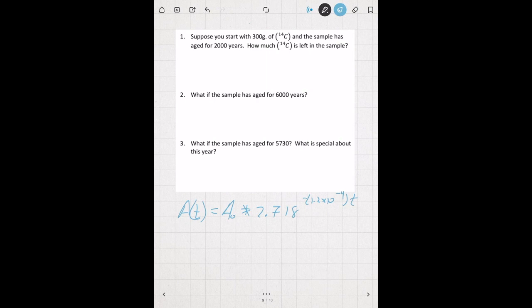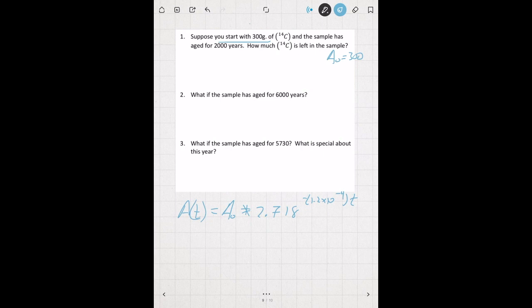So let's take a look at how we might be able to use this function to solve for radiocarbon in a couple different examples. In this case, suppose you start with 300 grams of radiocarbon. That's our initial amount, the A sub 0. So A sub 0 here is 300 grams.